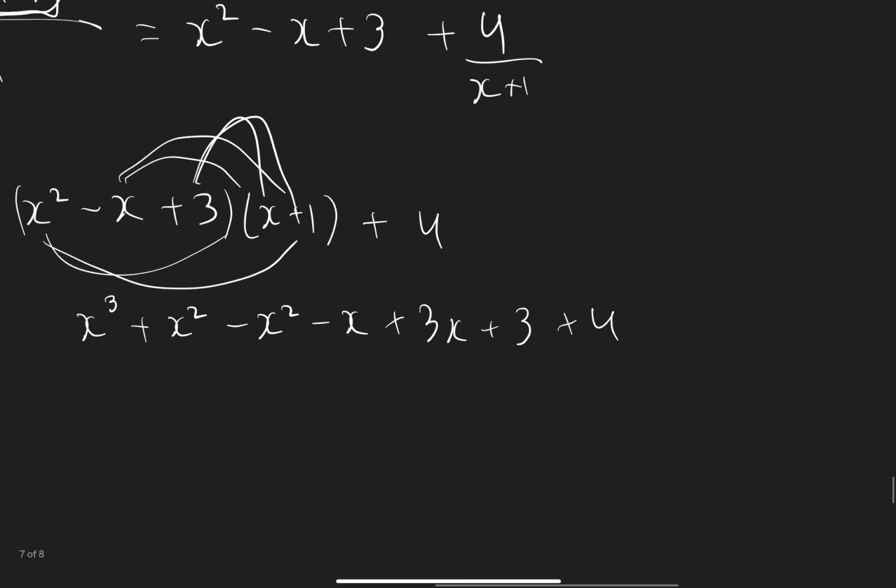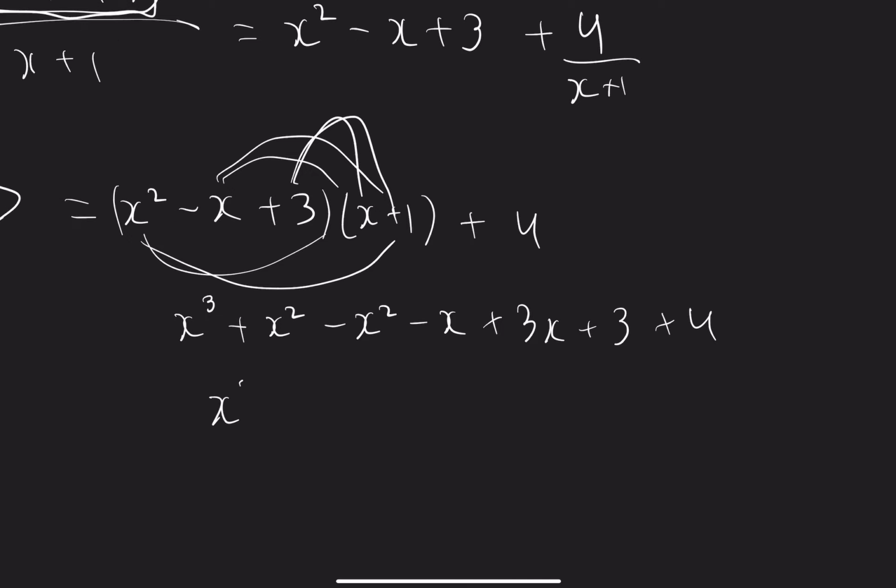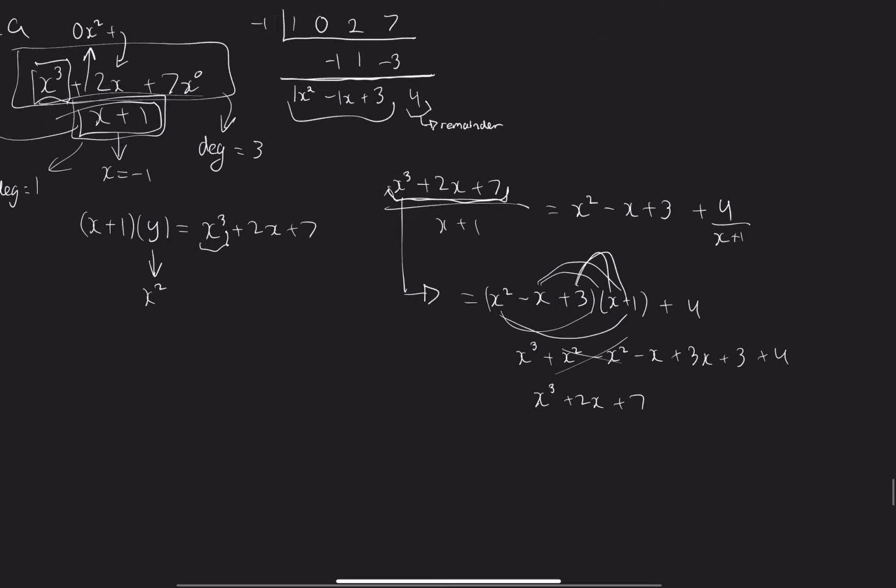Now we just collect like terms. x cubed, no x squared, those two cancel, minus x plus 3x actually, so it should be plus 2x, and then there's plus 7. Does that look like what we have here? Yes, it does. So, surprisingly, I got it right.